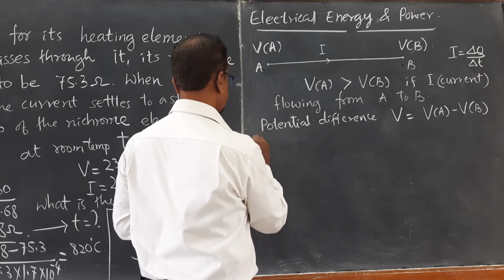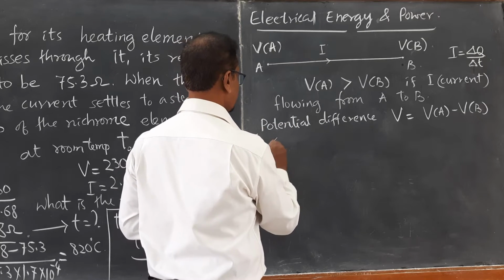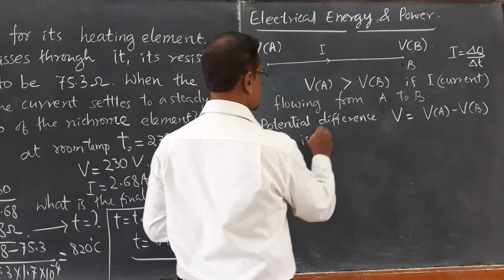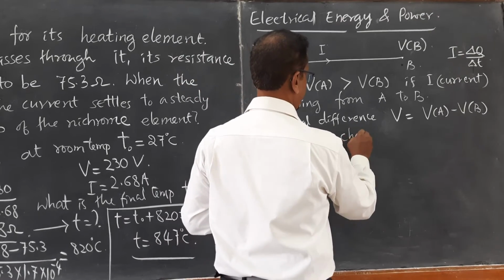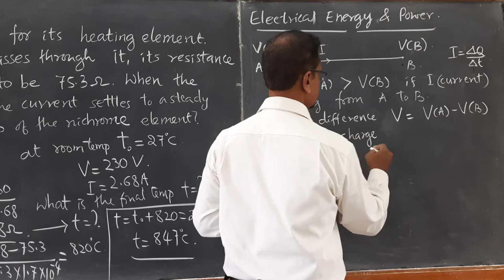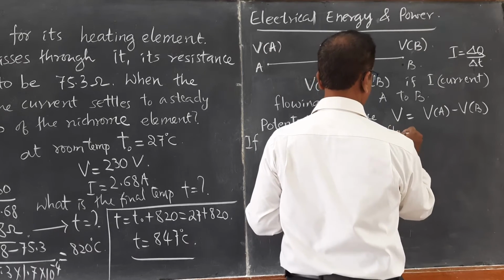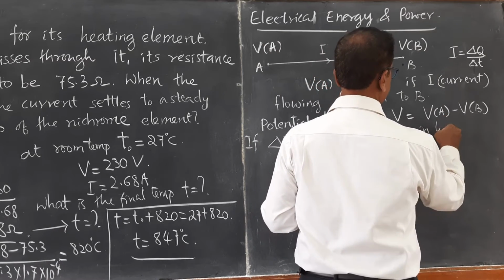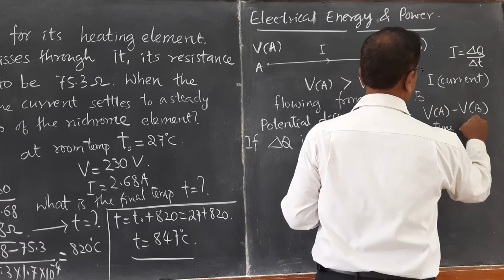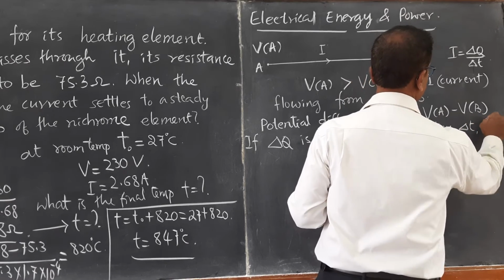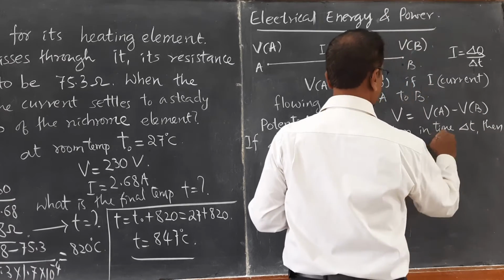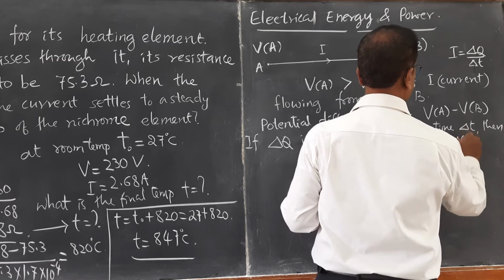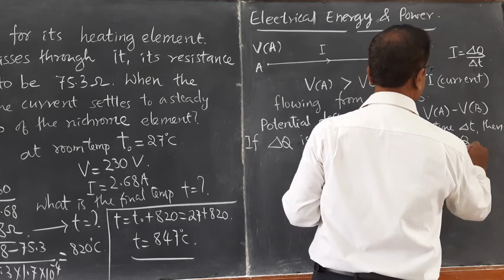Now if delta Q is the charge flown in time delta t, then we know that I is equal to delta Q by delta t.